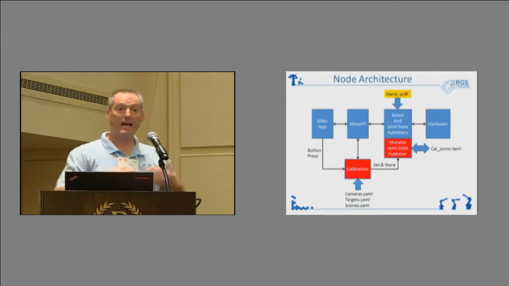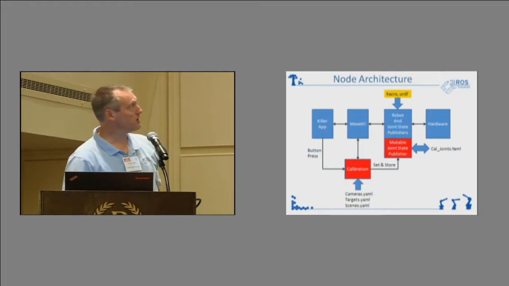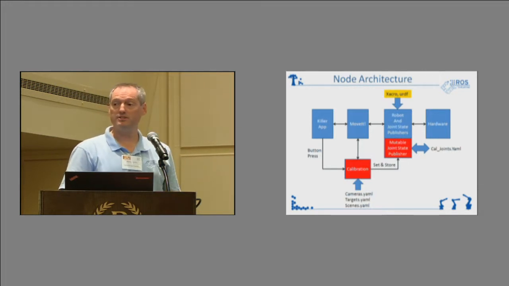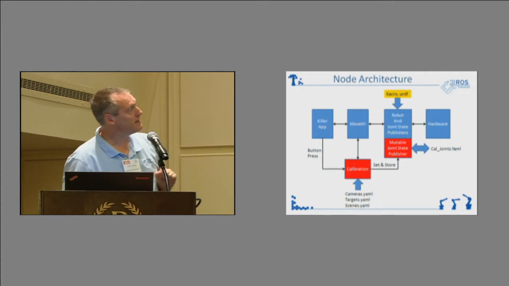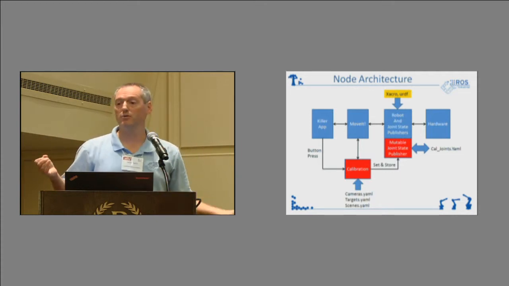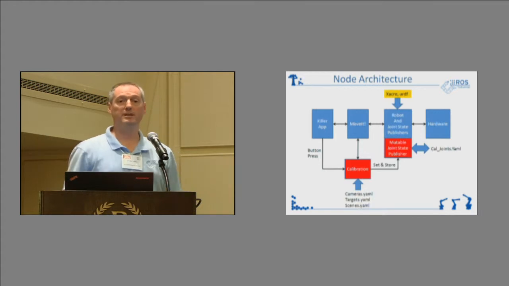Then we run the calibration, which collects all the data and calls the services of that mutable joint state publisher to update it. It updates the values by writing them to a calibratable joints YAML file. So after you run it, it changes the YAML file. Then you start your system up again if it goes down, and all the calibration results are visible.